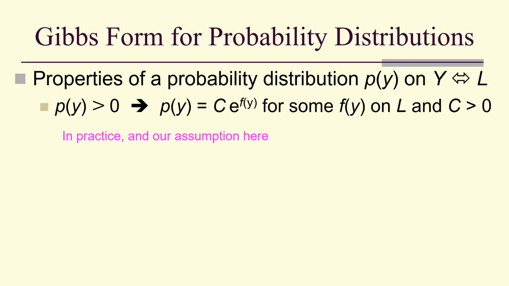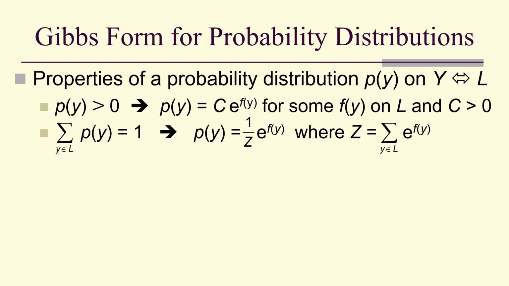So therefore, we're going to be looking at probability functions that are of the form c e to the f of y for some f of y on the set of labels and c greater than 0. So that means when we sum and get the sum of p sub y equals 1, then that's equivalent to saying p sub y is 1 over z e to the f of y, where z is the sum over the y's of e to the f of y.